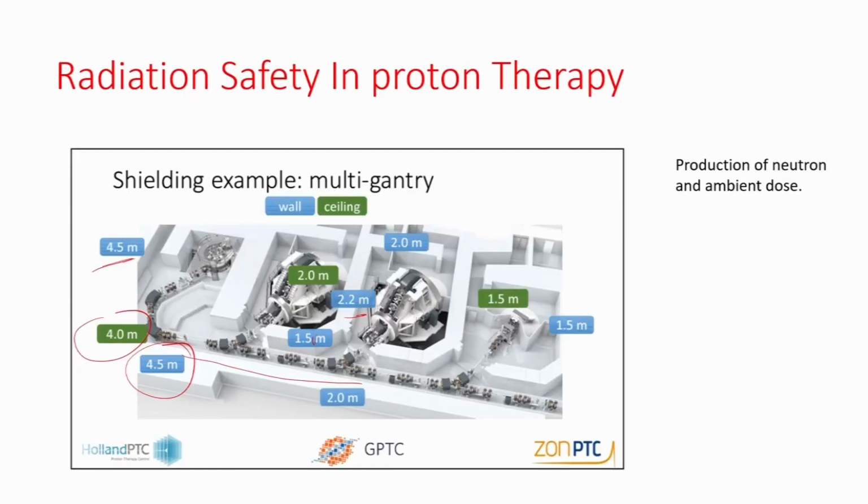Those neutrons exist for some time, and a person who enters the gantry during that time receives a dose. That dose we call the ambient dose. That is why present proton therapy centers come with multiple gantries, because the production takes time, and the increased ambient dose can cause radiation safety issues.